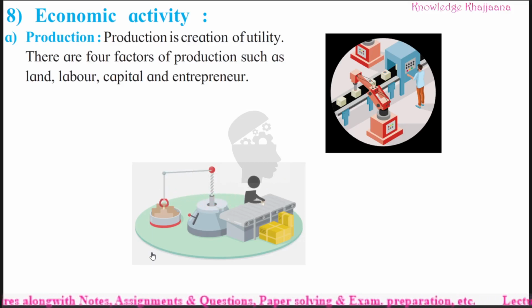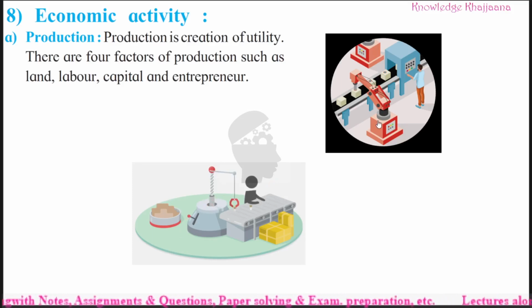The raw material is taken, then some processes are done on the raw material, and the finished goods are prepared. So this is called the production process.